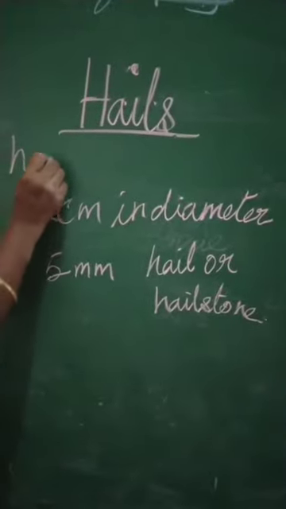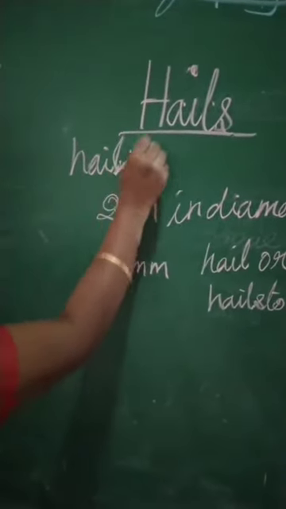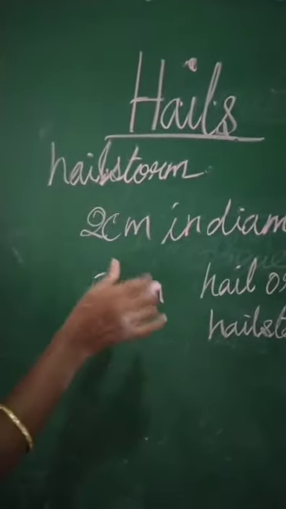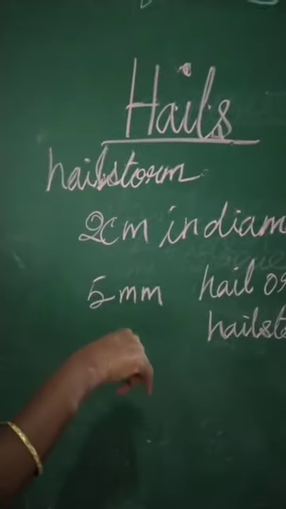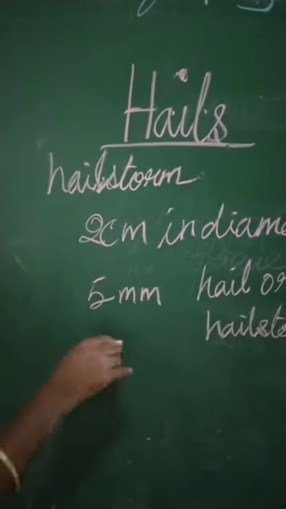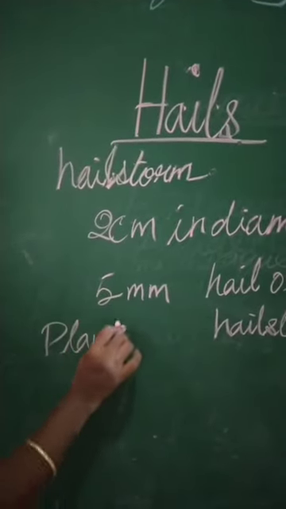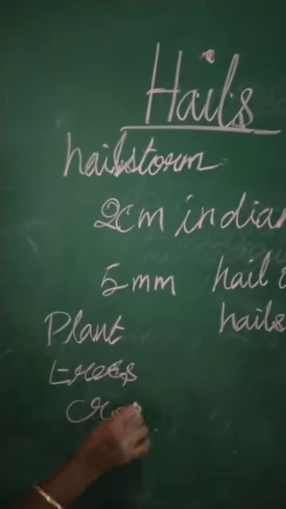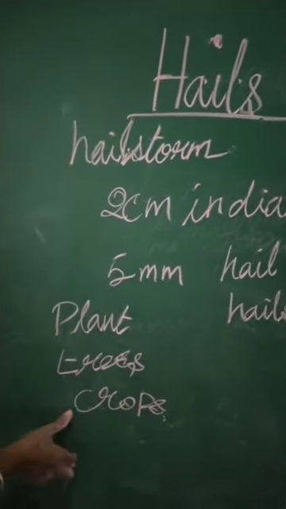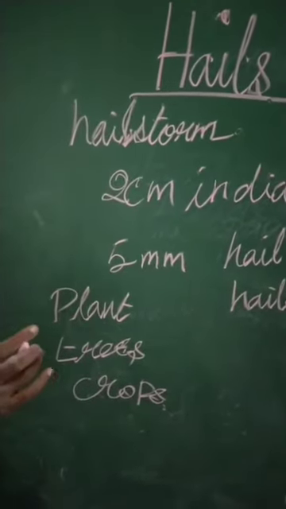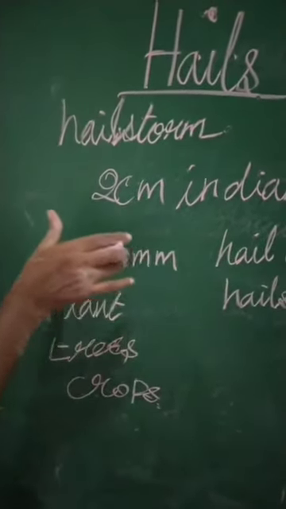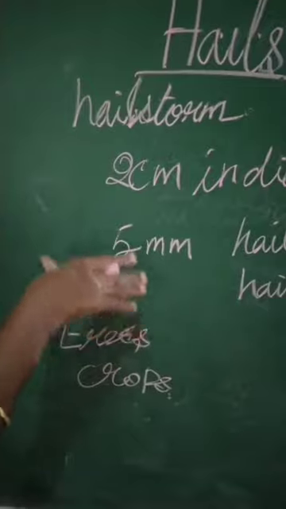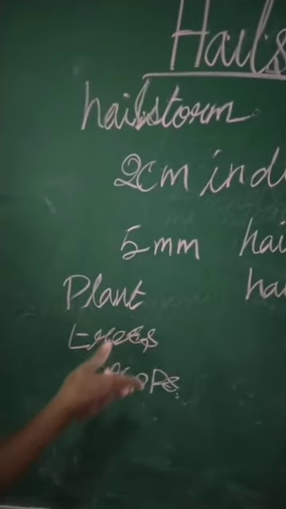Mainly, the hailstorm is one of the most dangerous weather phenomena because it has the potential to destroy plants, trees, crops, animals and human life. It's a very important one.